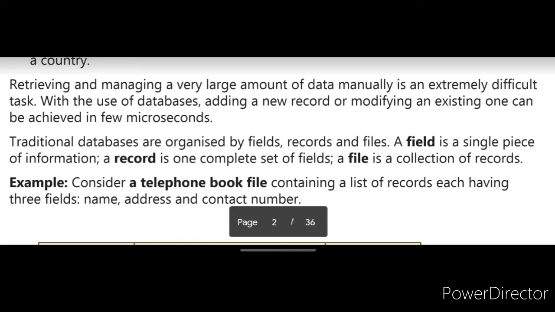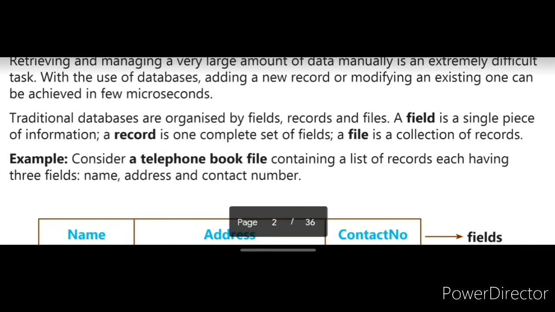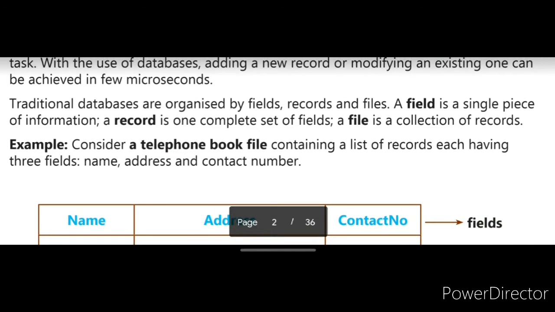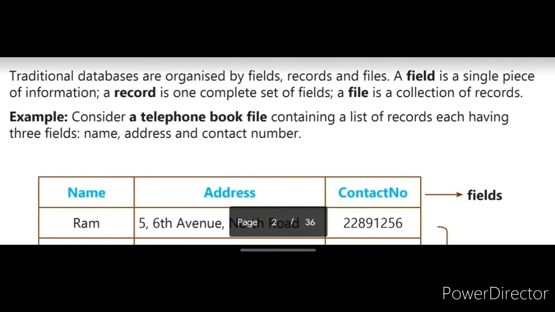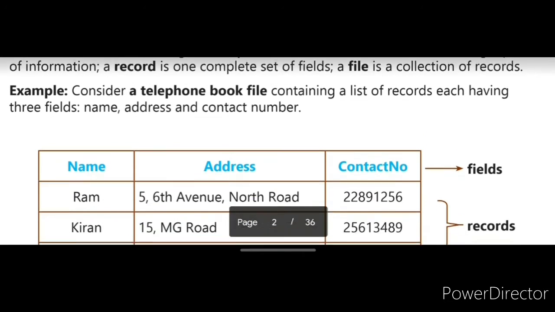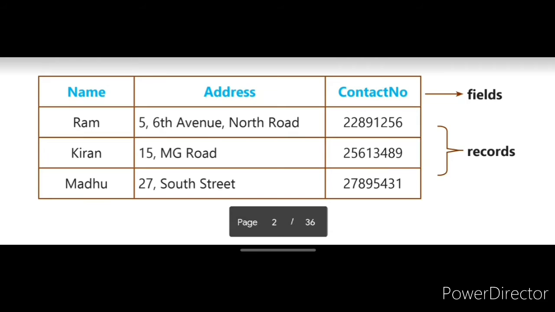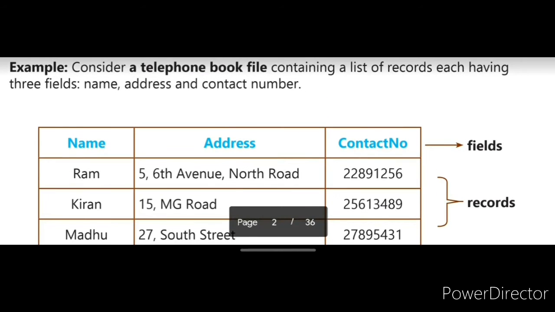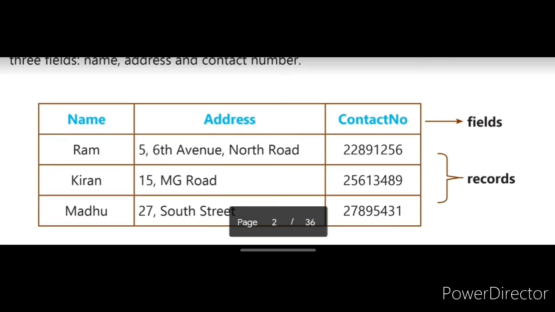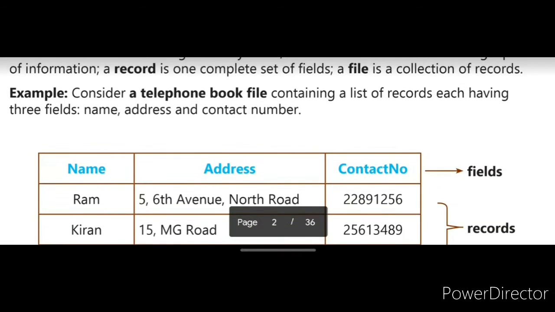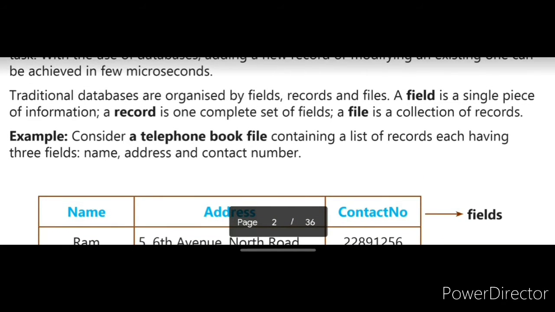Okay, so next, traditional databases are organized by fields, records and files. Okay, so see this example. Here it is given a telephone directory. Okay, telephone directory consists of name, address and contact number. Okay, so these are all the fields. Name, address and contact number are the fields. See here what it denotes.